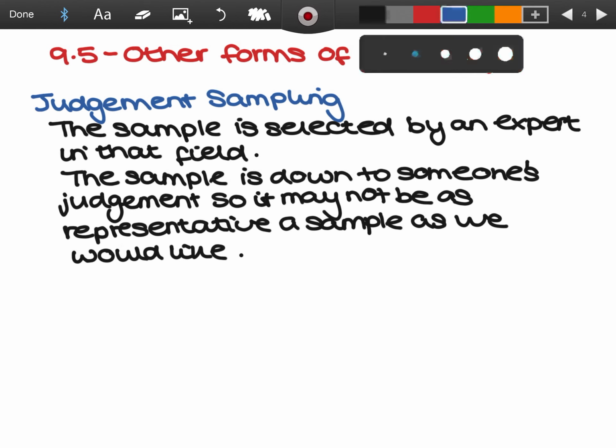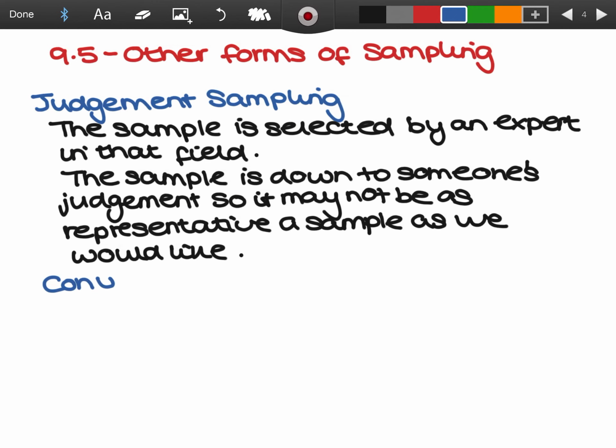Another type of sampling is called convenient sampling. Again, you can probably guess where this one is going to go. So convenient sampling, all this is, you start out with your population and you just choose the people that are closest to you or are the most convenient to use in a sample.